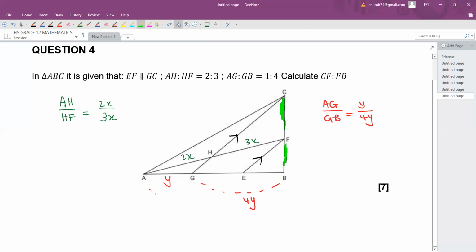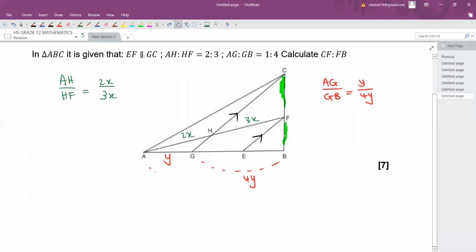So let's start with the x's and we move over to another triangle. Now you need to be able to visualize this triangle because this triangle has those two parallel lines in it and it's got the AH and the HF in. So AH over HF equals AG over GE equals 2x over 3x. And my reason here is what?